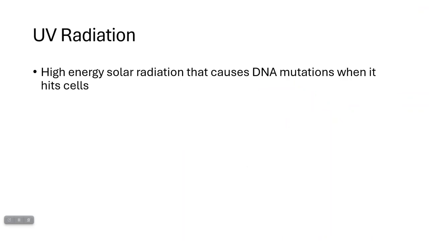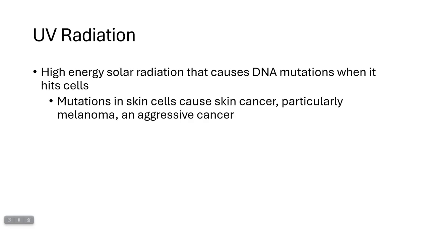Before we can talk about why ozone is so beneficial in the ozone layer, we have to talk about what it's blocking, which is UV radiation. This is ultraviolet radiation, and it's high energy radiation coming in from the sun. When it hits cells, it can mutate their DNA, and hopefully you have learned by now or remember that mutations in DNA most often cause cancer.